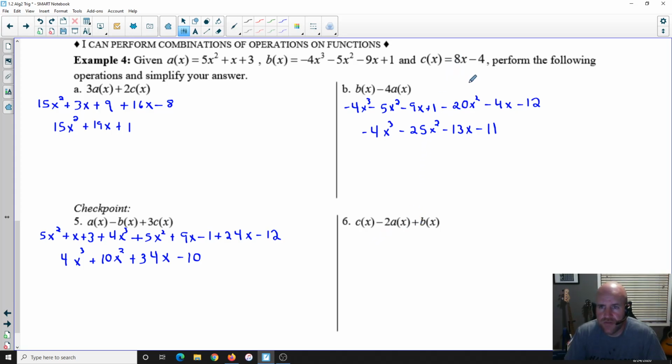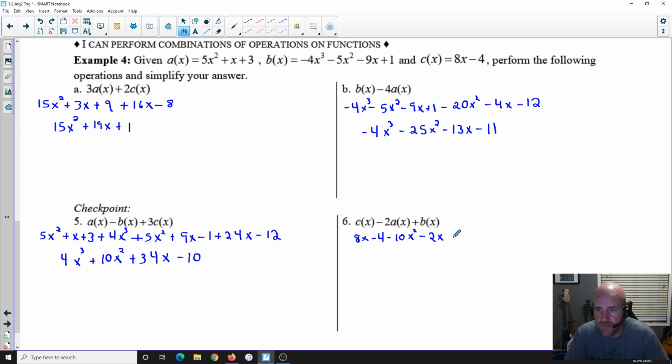And then final one. So c of x is first, so I write that. So 8x minus 4 minus 2 times a. So again, we're going to multiply a, function a, by -2. So -2 times 5 is -10x squared. -2 times x is -2x.